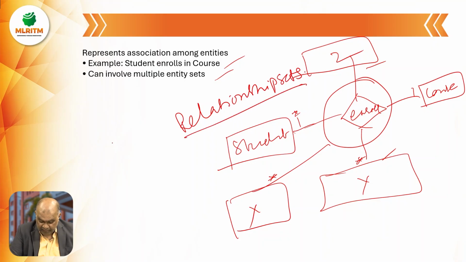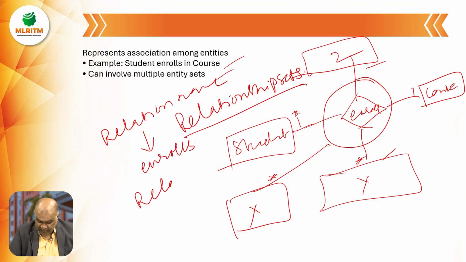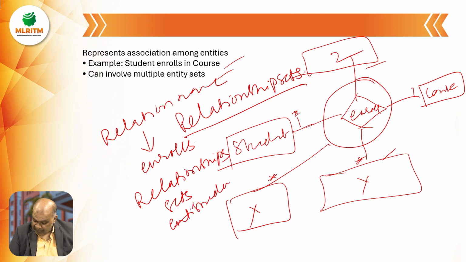So the relation name is enrolls. The relationship set involves the entities, that is student and course. What relation can you maintain?